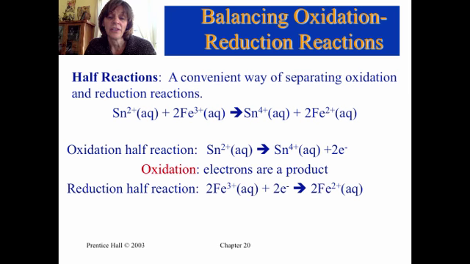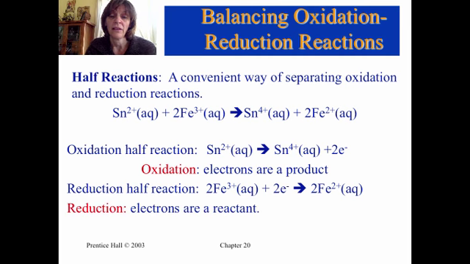The reduction is when the iron gains those electrons. Now notice the iron atom only gained 1 electron, but since we need 2 electrons to be gained and lost, since tin lost 2 electrons, you're going to need 2 irons. So right there you can see that the electrons balance along with the atoms.